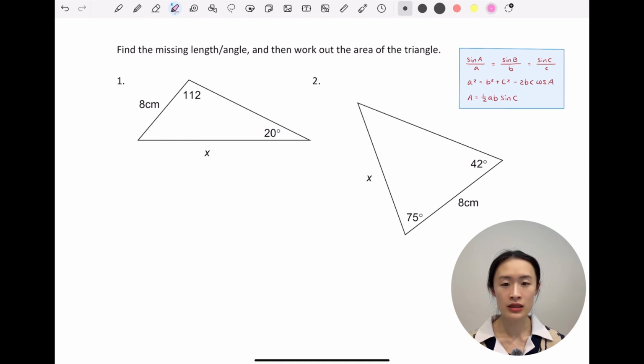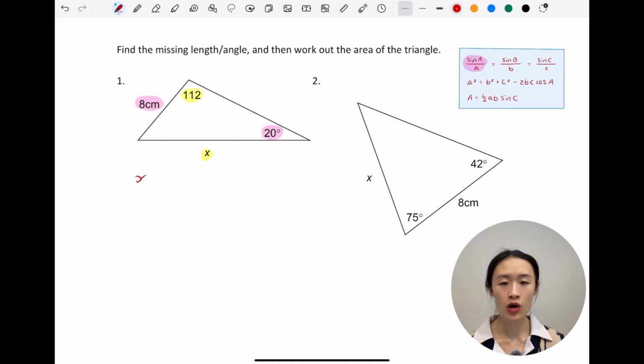In question 1, we have angle 20 and its opposite is 8 centimeters. So this is a pair of the opposite angle and side, and we need to work out x. We are given that its angle is 112. So I can use sine 20 over 8 equals sine 112 over x. I often make the unknown the numerator so it's easier to work out.